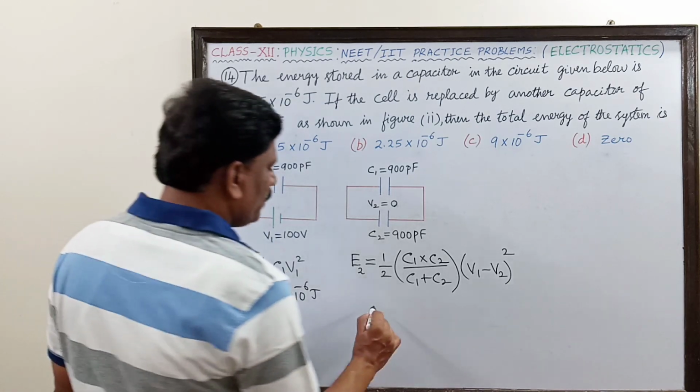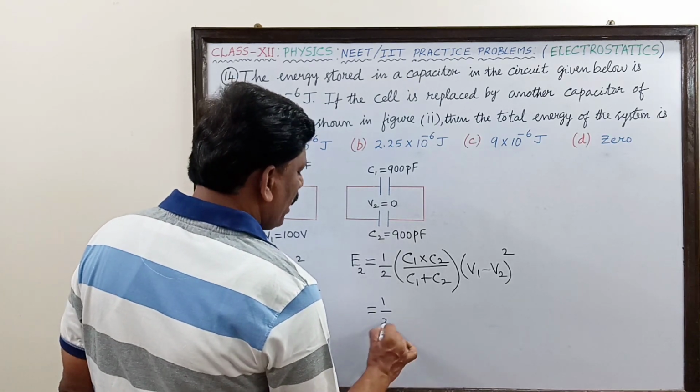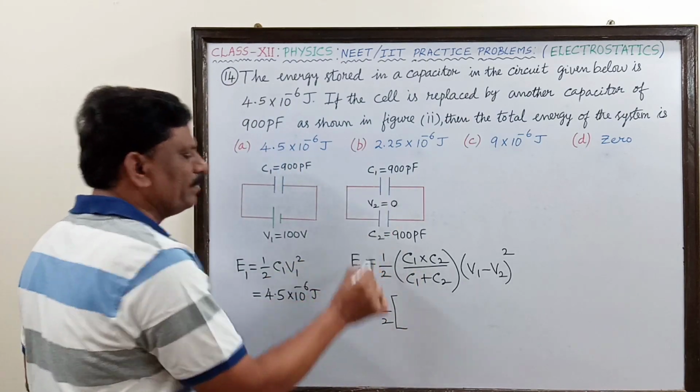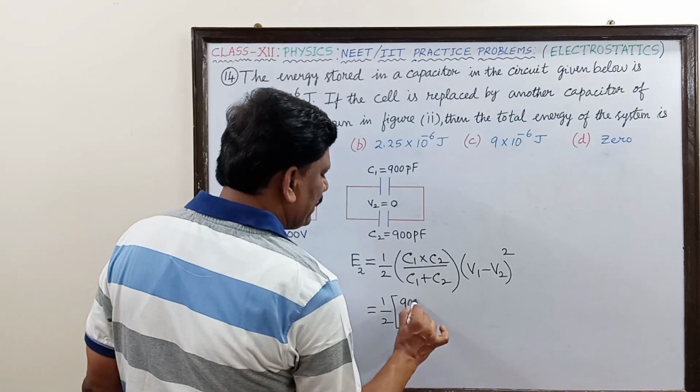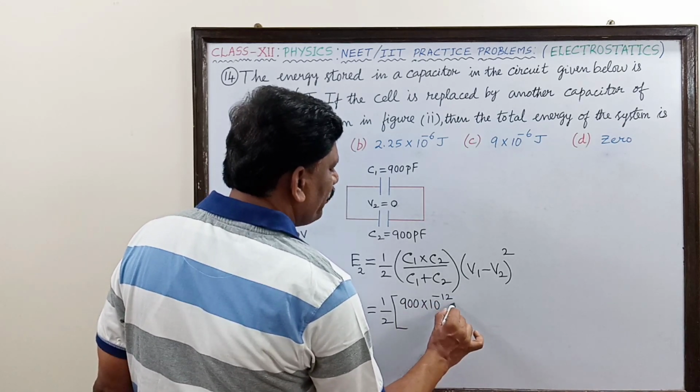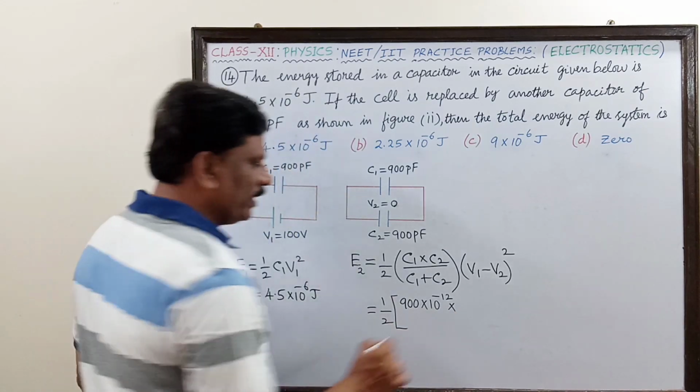So now in this case, 1 by 2 into, C1 and C2 both are the same, 900 into 10 to the power of minus 12. Pico means 10 power minus 12.